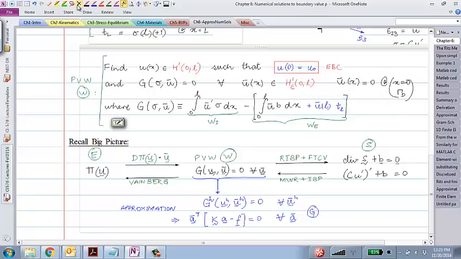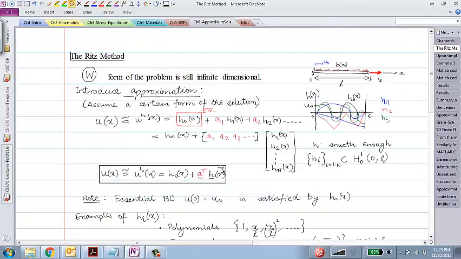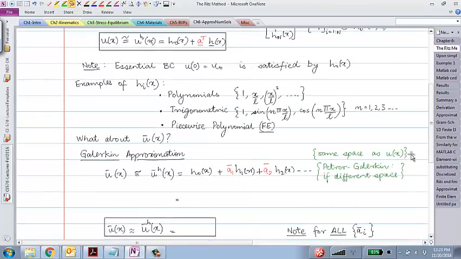Which means that this particular term out here is not needed. Okay, so the virtual displacement is very simply just a bar vector transpose times all of the same functions of h.